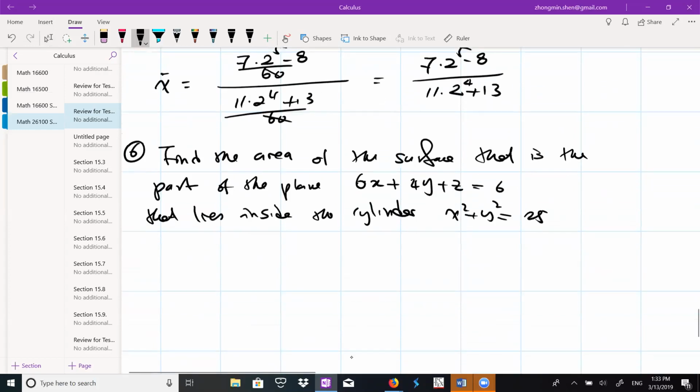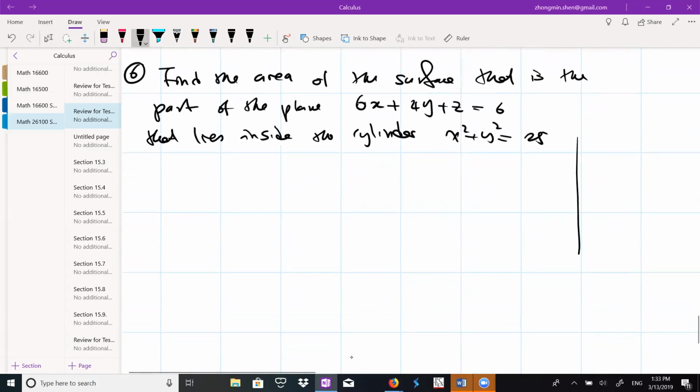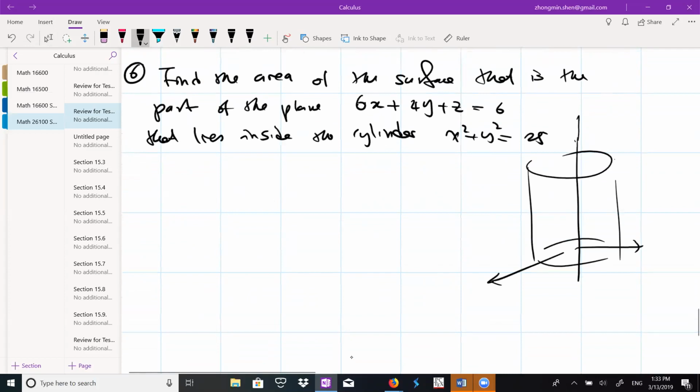So let's draw the picture first. This is a cylinder. And how do you draw the plane? Here's the way we do it. When y and z both are 0, x is going to be 1, so 1 is inside here.